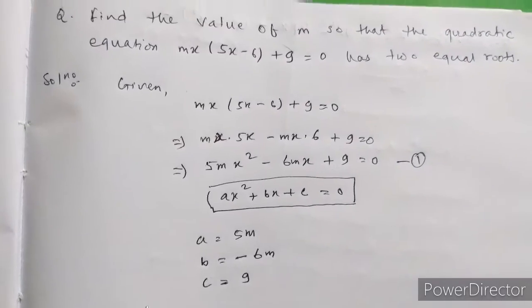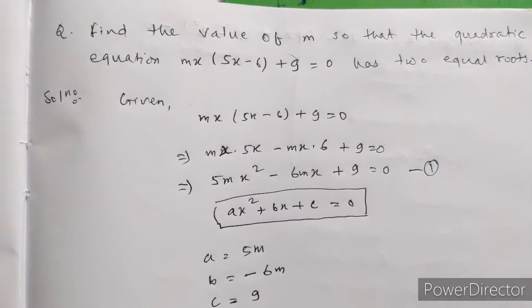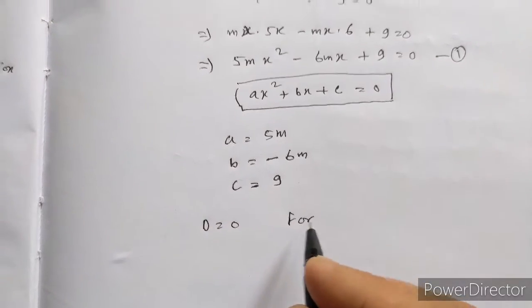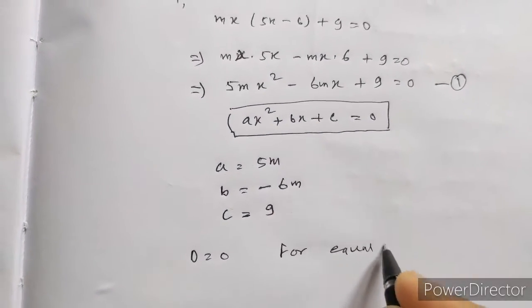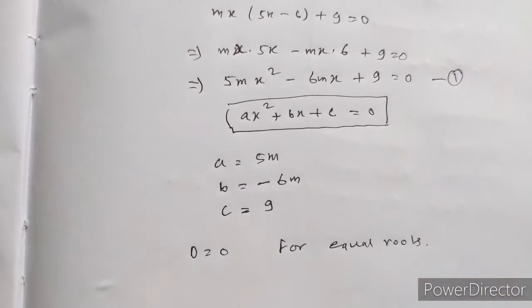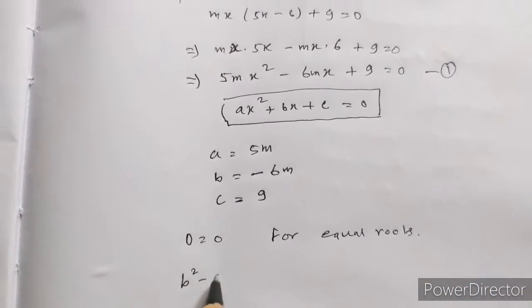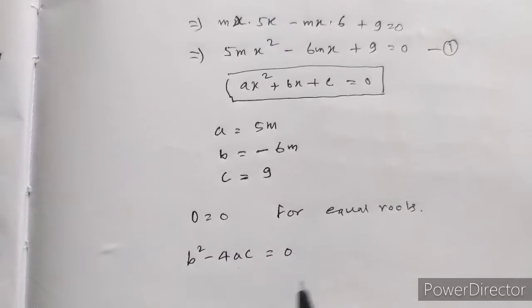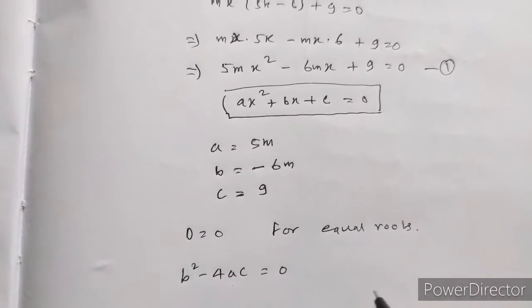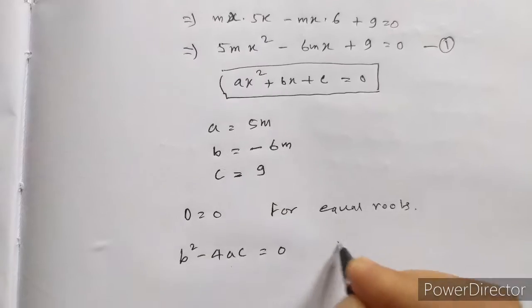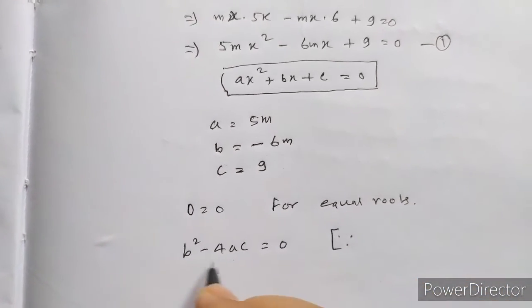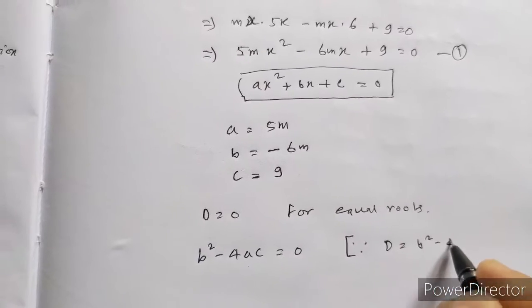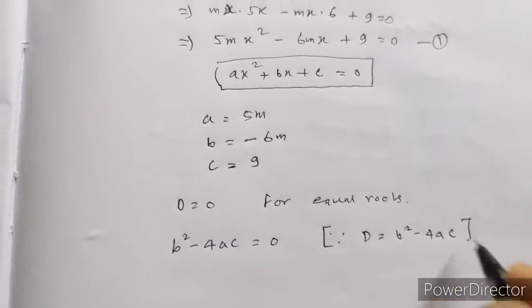So, as I have already told you earlier, I have to use the condition d is equal to 0 for equal roots. d means b square minus 4ac, because we know d is equal to b square minus 4ac.